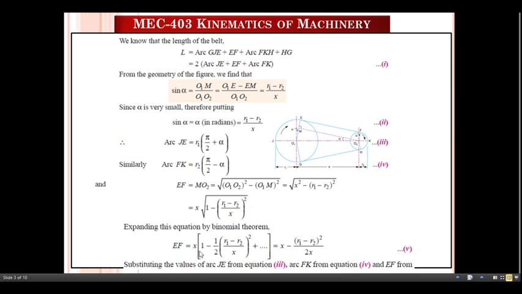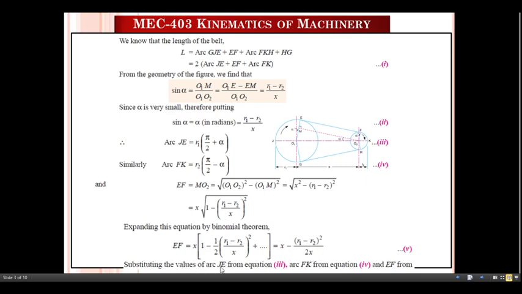After expansion, we get X into 1 minus 1 half into (R1 minus R2) by X whole squared, plus the next terms. After simplification, EF is X minus (R1 minus R2) squared divided by 2X.